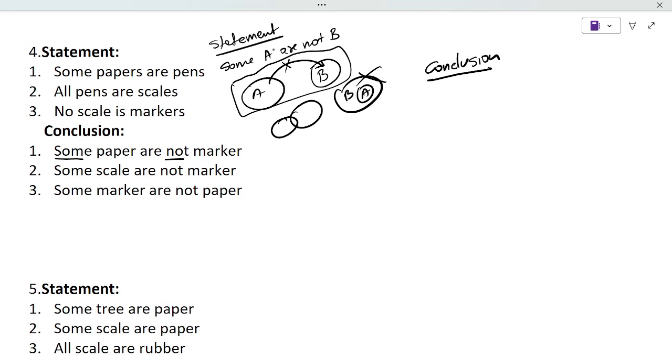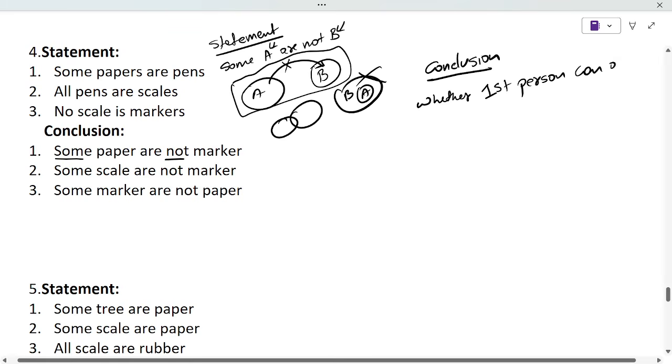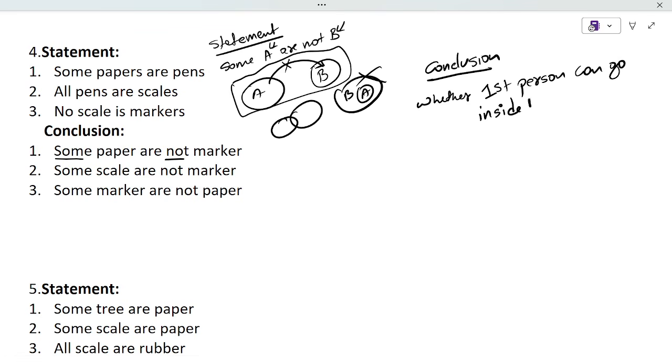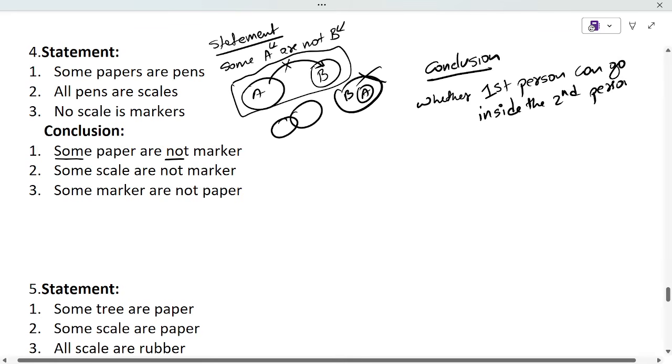The first person means A, right? We're talking about B as the second person. So we have to check whether the first person can go inside or not.